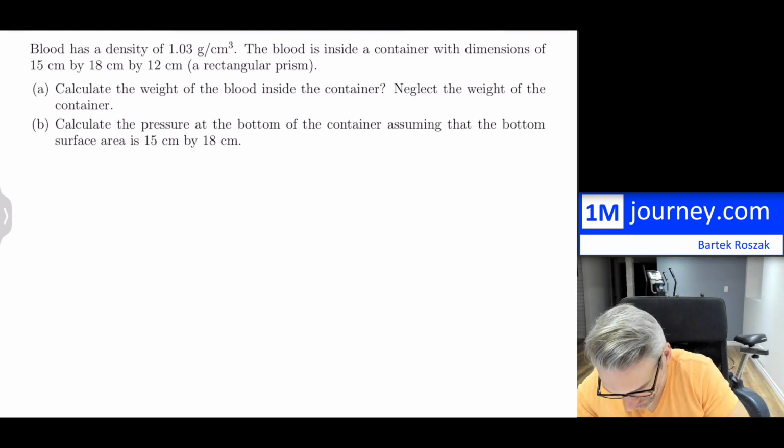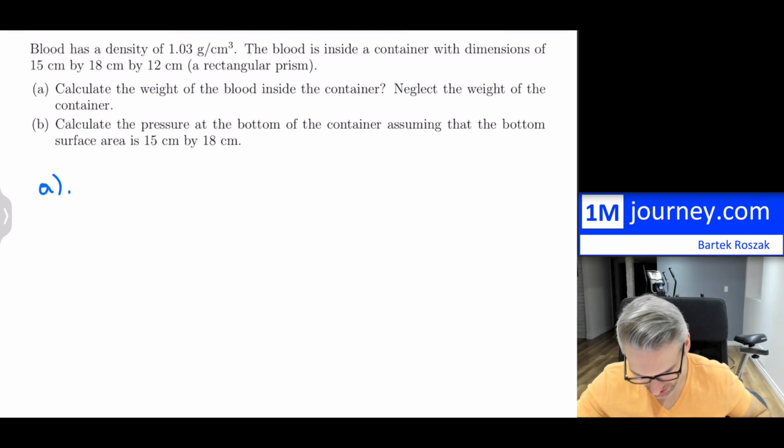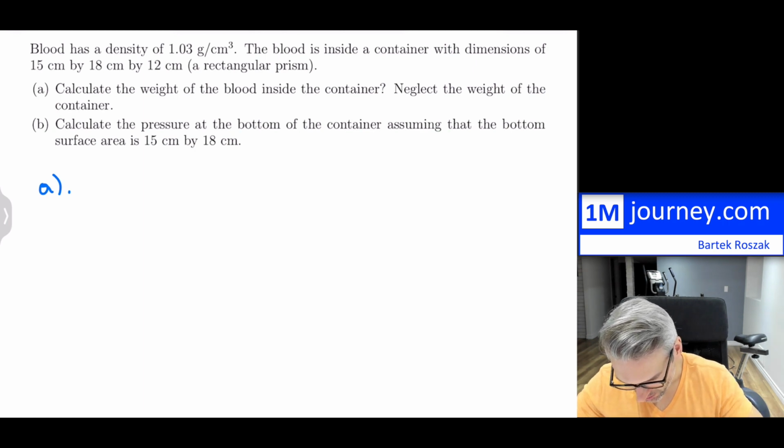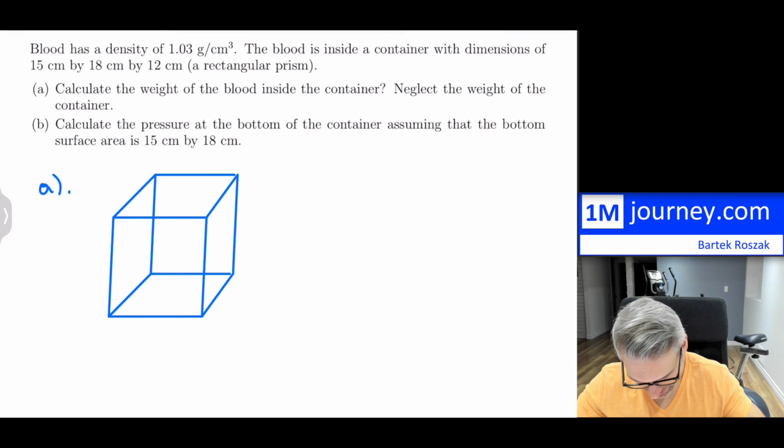Okay, now this is going to force us to understand how to set this thing up. We have a container, and it says it's 15, 18 by 12. It doesn't matter what you label as what, because of the volume itself.